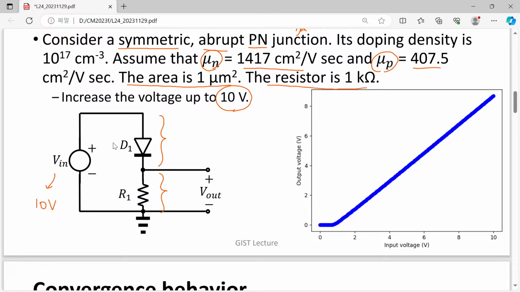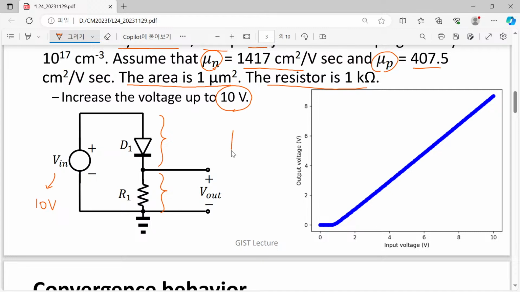However, if D1 takes all 10 volts, then considering the exponential increase of the D1 current, the current will be really humongous.